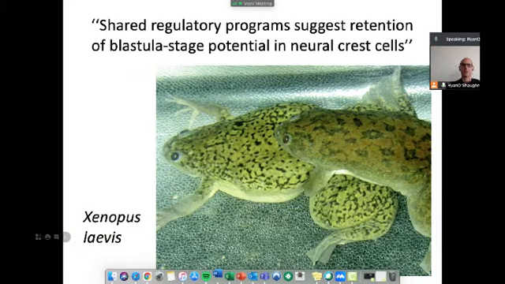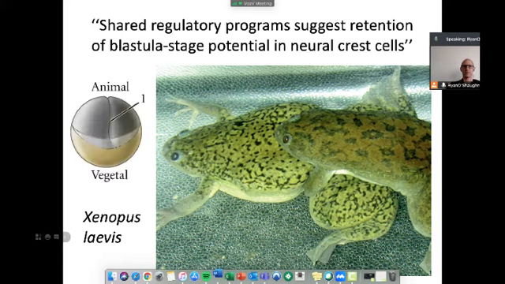Well, shared regulatory programs between neural crest cells and blastula stage cells suggest the retention of blastula stage potential in neural crest cells. This suggests that they have some of the capabilities of blastulas to form all cell types. So in effect, they have the potential of this one cell division cell. They can be all cells, or all kinds of cell fates.